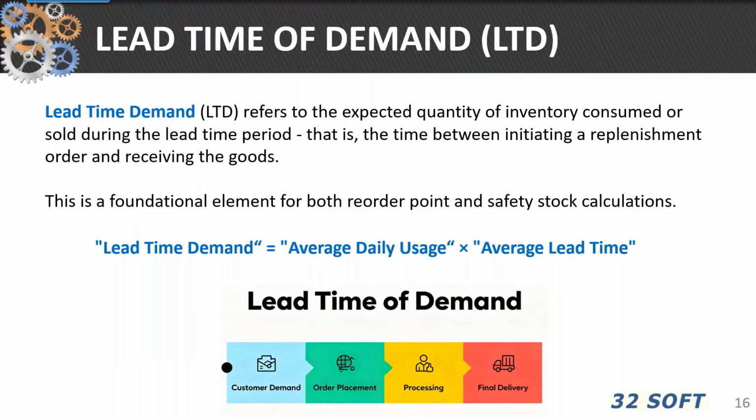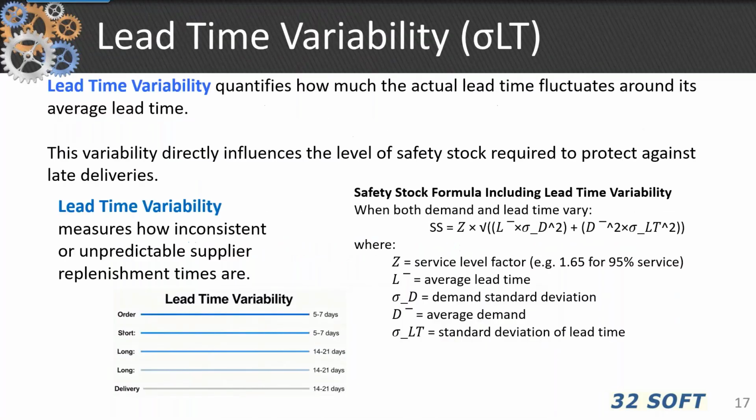This equation shows how lead time demand versus lead time defines the expected usage baseline, while the variability determines how much safety stock should be added. As with demand variation, lead time determination is fraught with variability.